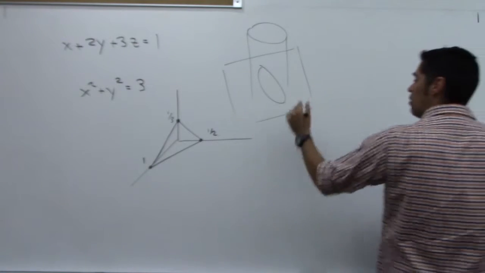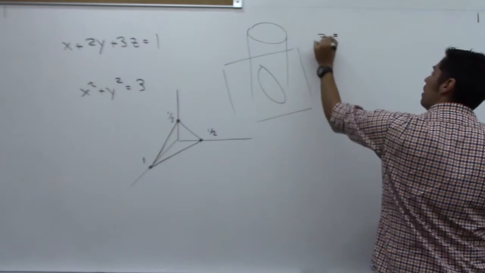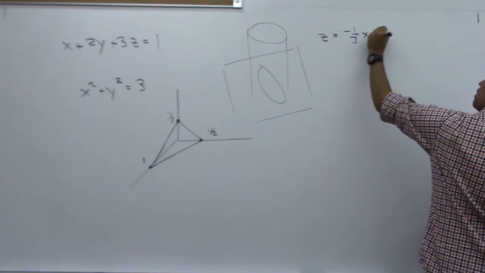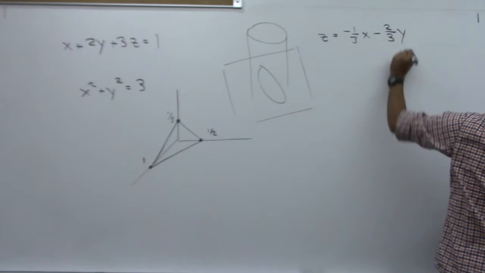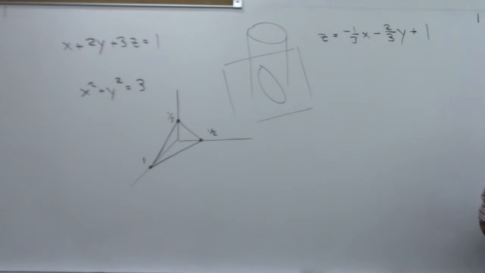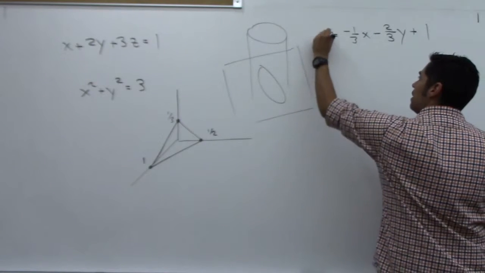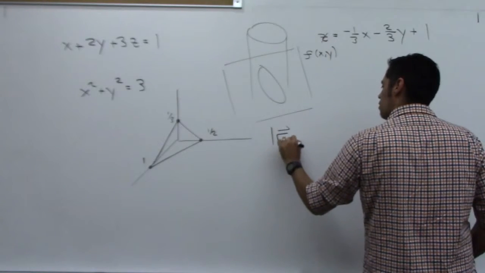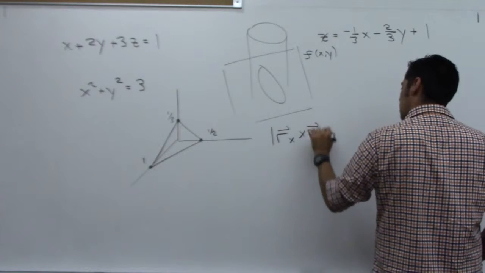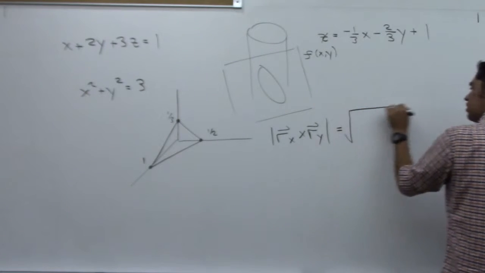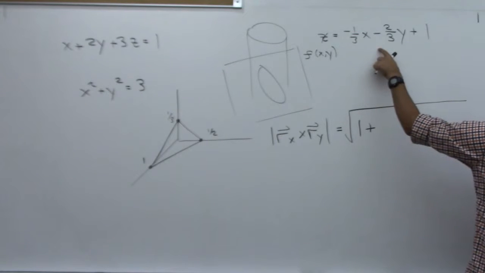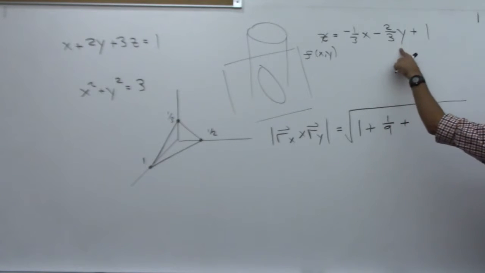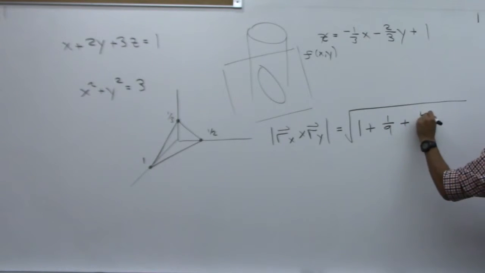Well, again, I can solve that for z. So move the x over, divide by 3, so negative 1/3 x. Move the y over, divide by 3. And then I had a 1 there. So that's the plane written as a function of x and y. And so I know that the magnitude of the cross product of the partial of r with respect to x and with respect to y is the square root of 1 plus the partial of this with respect to x squared, which is negative 1/3 squared, 1/9, plus the partial of this with respect to y, which is negative 2/3 squared, 4/9.